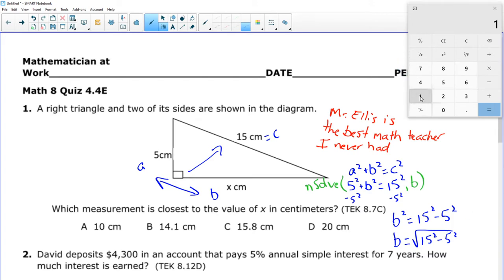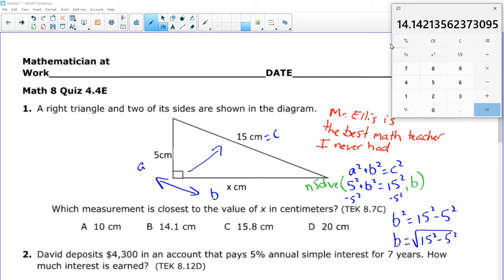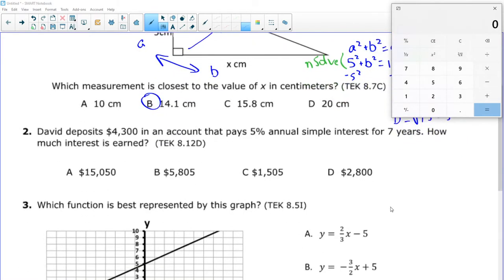Then we put that in a regular calculator. 15 squared minus 5 squared is 200, and the square root of 200 is 14.14, which is answer B. So anytime you see right triangles, Pythagorean theorem, a squared plus b squared, and then you just solve. We got a couple more of these later on, so if you didn't get it that time, we'll get it next time.